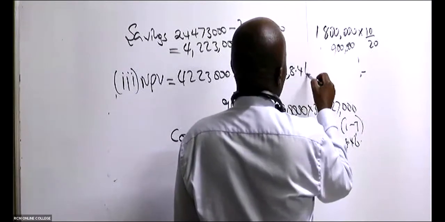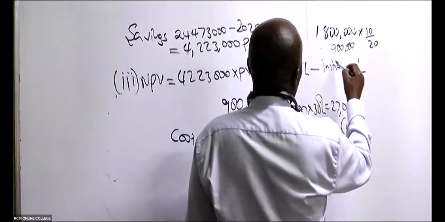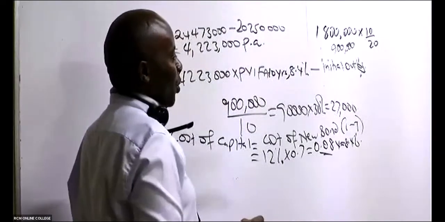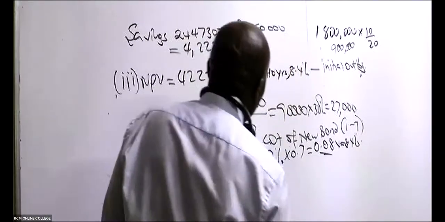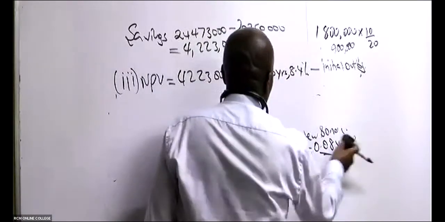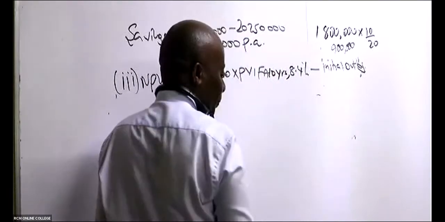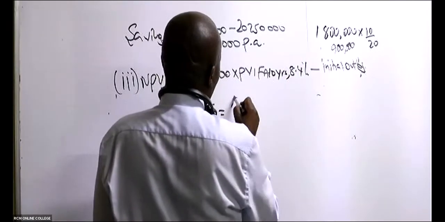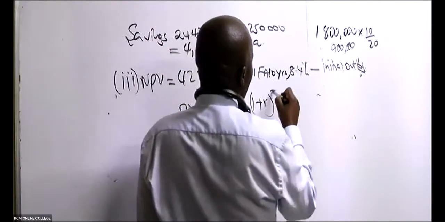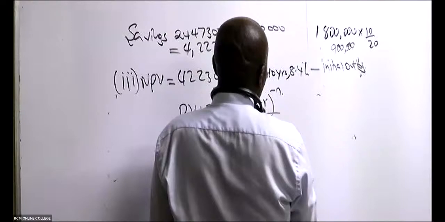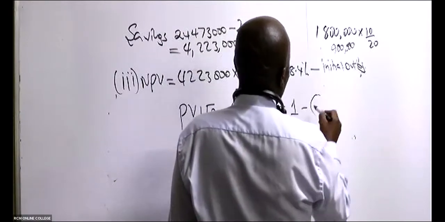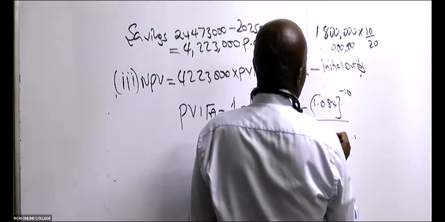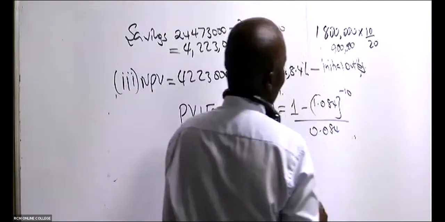So 8.4%, we less the initial outlay. So then let's first of all get that PV for ourselves. Remember, the formula is 1 minus 1 plus R raised to negative n all over R. So it will be 1 minus 1.084 raised to negative 10, everything divided by R itself, 0.084.